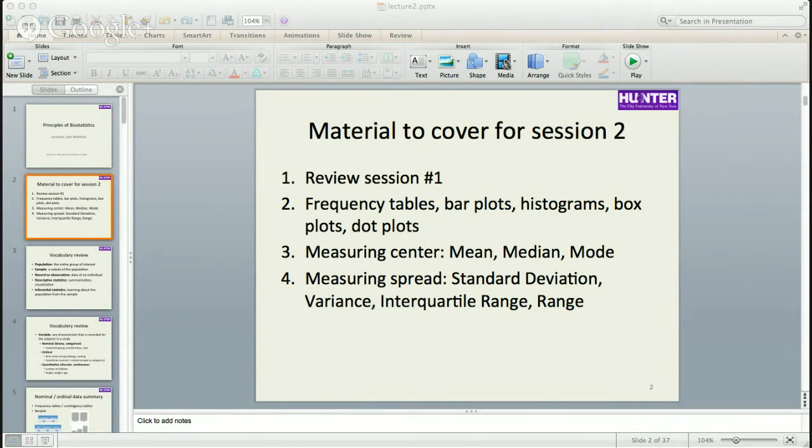Let's see if we have a VGA cable. Yes. Okay, maybe I can do that. Oh, it did change slides finally.